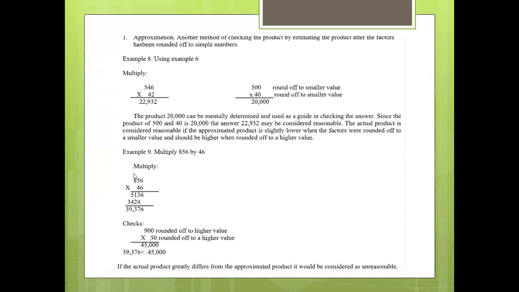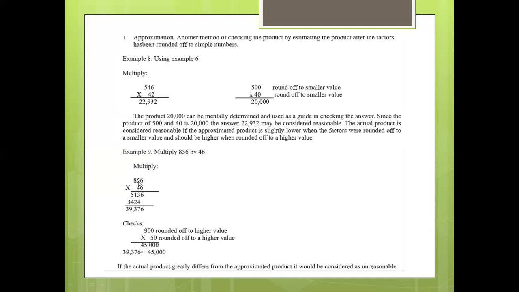So we have another example. Let's use 856 and 46. 856 is our multiplicand and 46 is our multiplier. So if I multiply it, 856 times 46, we will be having 39,376. So let's round off 856.